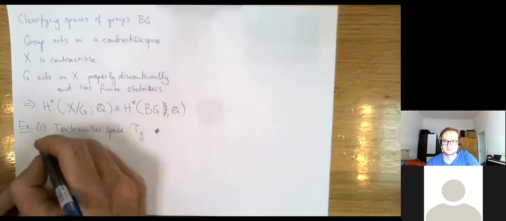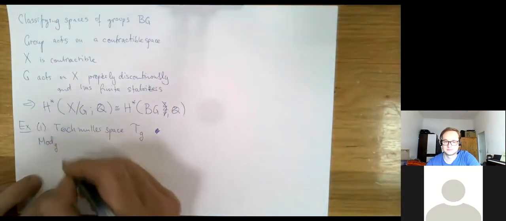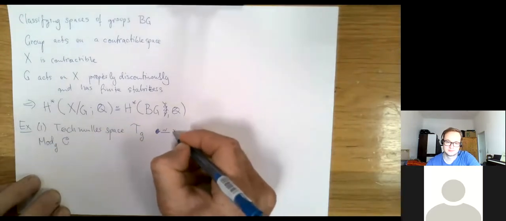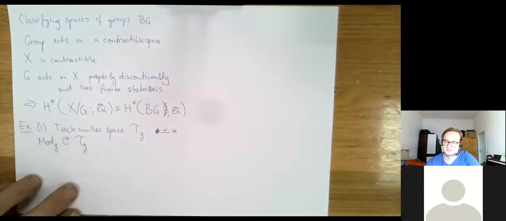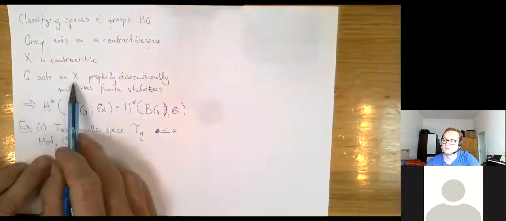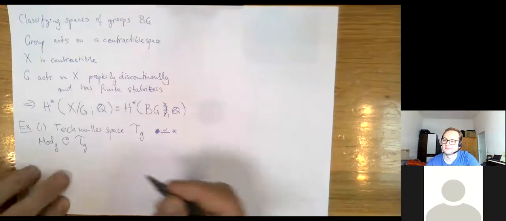We will have the mapping class group act on the Teichmüller space. The Teichmüller space is contractible, and this acts properly discontinuously, but it has finite stabilizers.